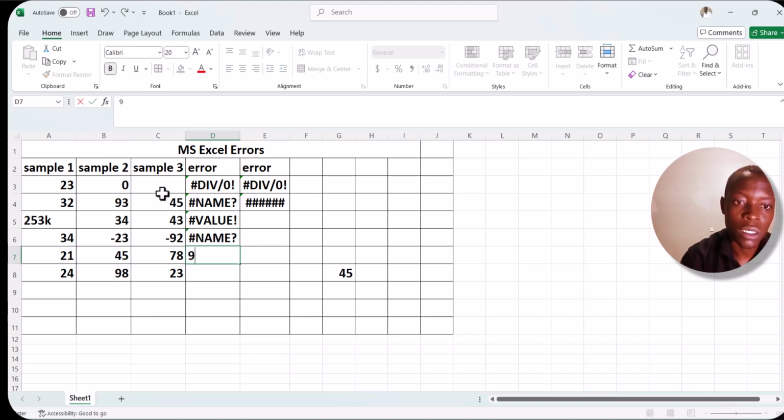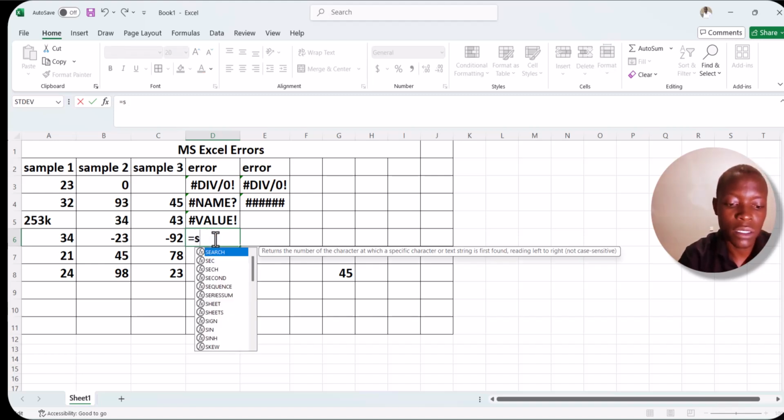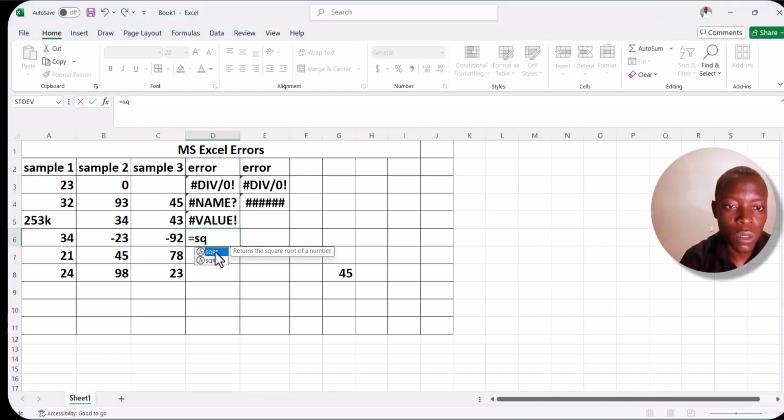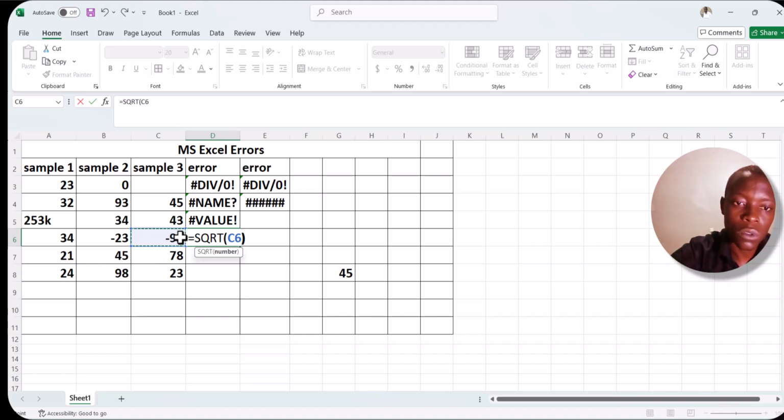Oh sorry, let me undo that. That's not what I wanted. I wanted SQRT. Remember, when you are doing our function, you start with an equal sign for it to be valid. SQRT of this one, then we close the bracket.